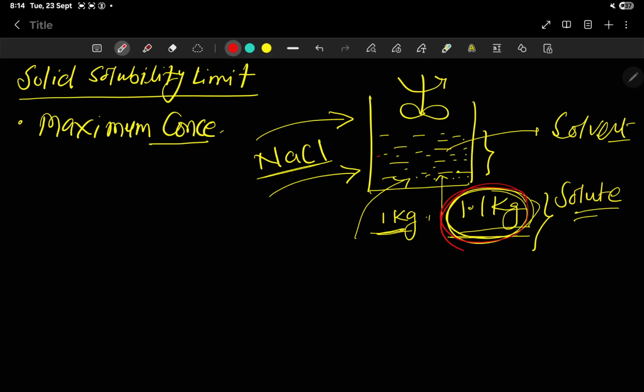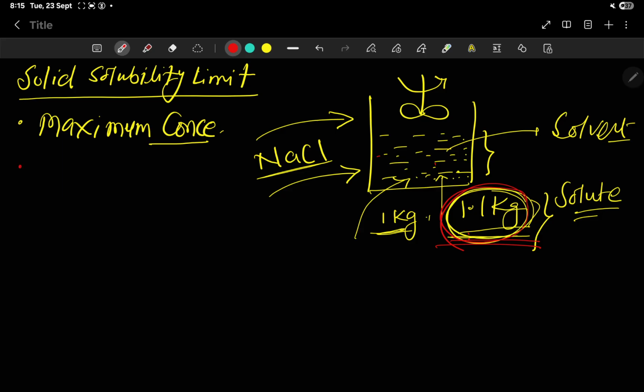So this is the solubility limit. The maximum amount of solute atoms which can be dissolved in a solvent is called the solubility limit.